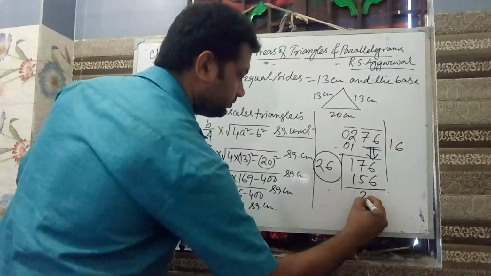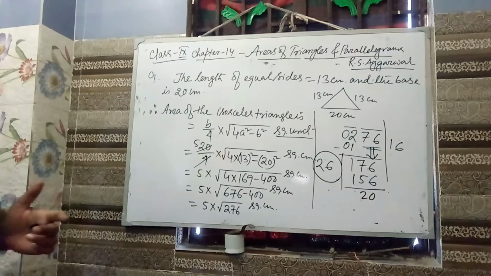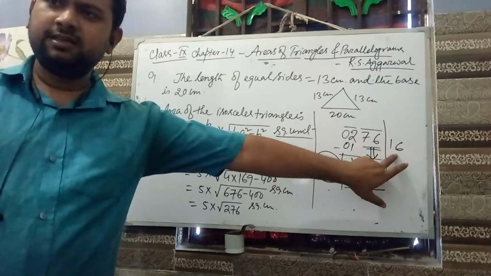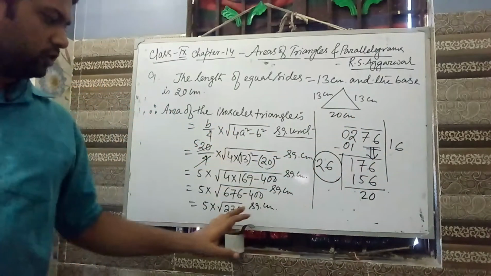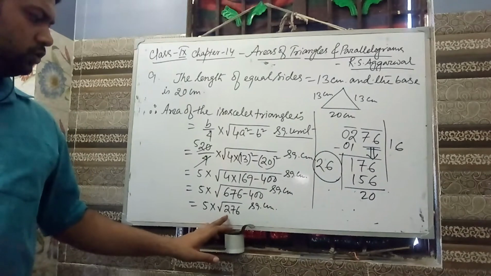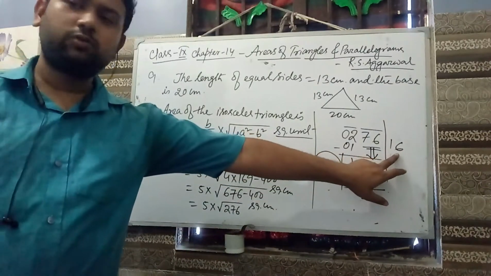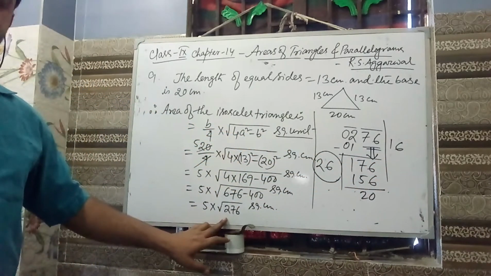Subtract it, 20. Okay, so you can take 16 as the approximated square root value of 276. This is the approximated square root value of 276.